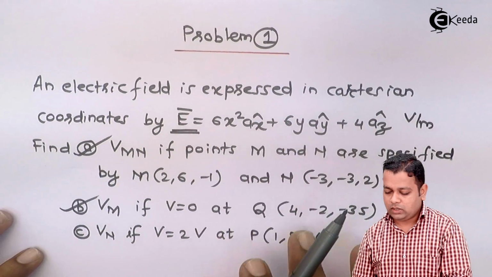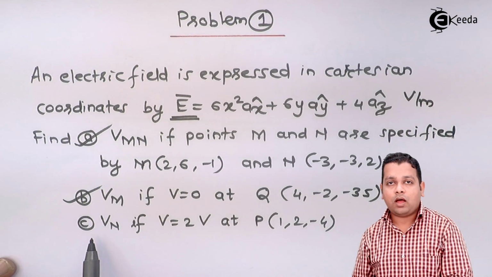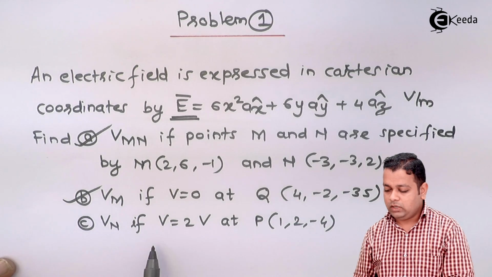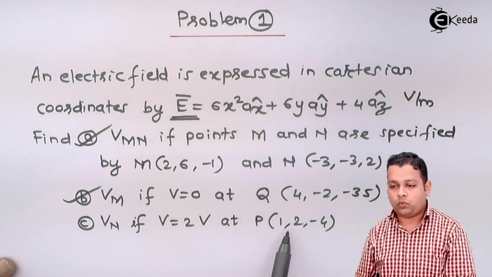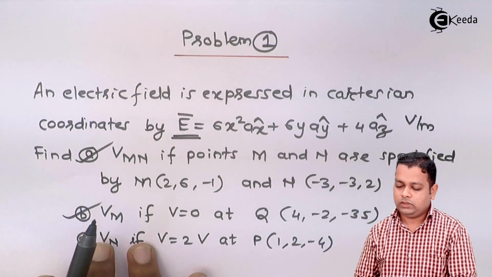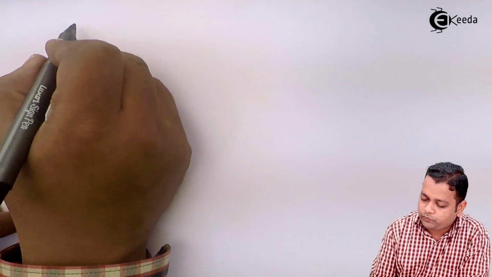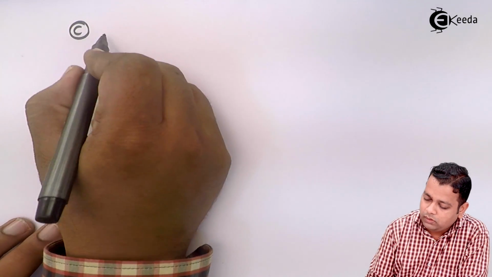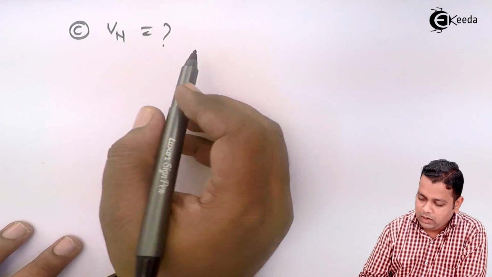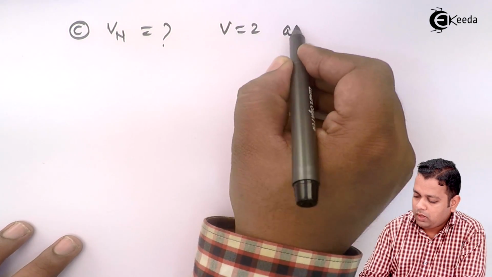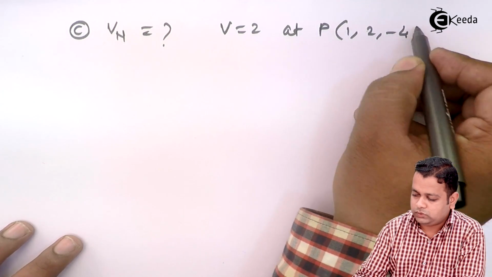Now let us focus the attention onto the last part of this problem, that is part C. We are asked to find Vn if V is equal to 2 volts at point P having the coordinates 1, 2 and minus 4. So let us begin solving for part C. Vn we have to determine, and V is equal to 2 at point P having the coordinates 1, 2, minus 4.